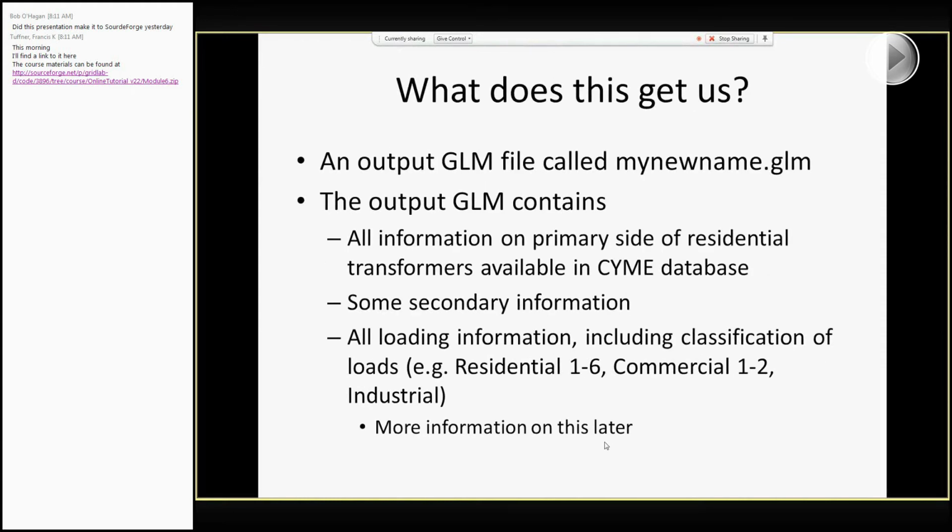Okay, so the point is, what are we actually trying to get out of this? We get this new GLM, which is basically a file called whatever you named it .glm, and this really contains all of the power flow information, typically down to the primary side of the residential transformers.